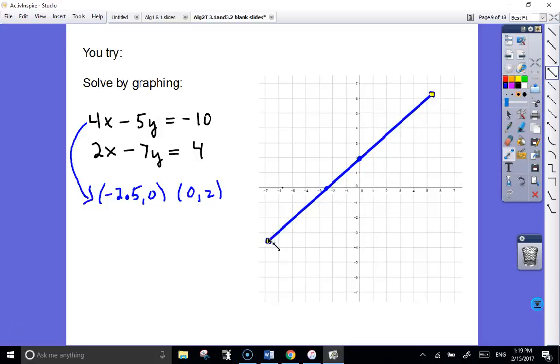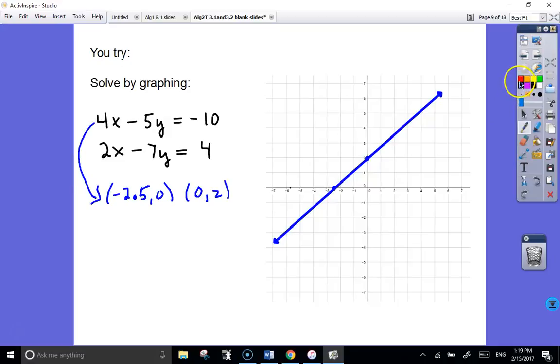Pretty close. Okay, then we'll go back, and in red, I'm going to do these. What is the x-intercept? 4 divided by 2 is 2. So 2, 0. And the y-intercept should be 4 divided by -7, which is -4/7.